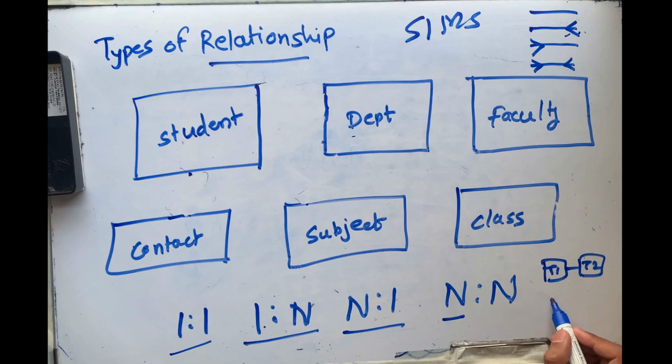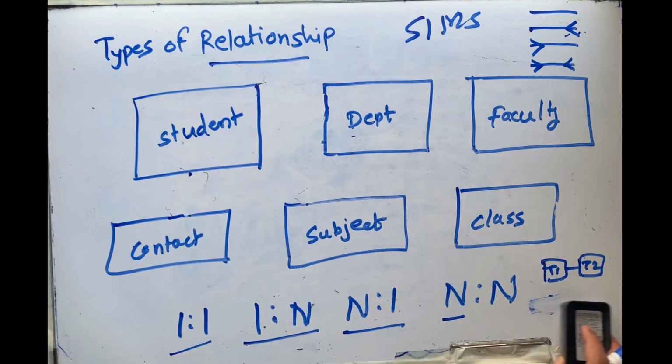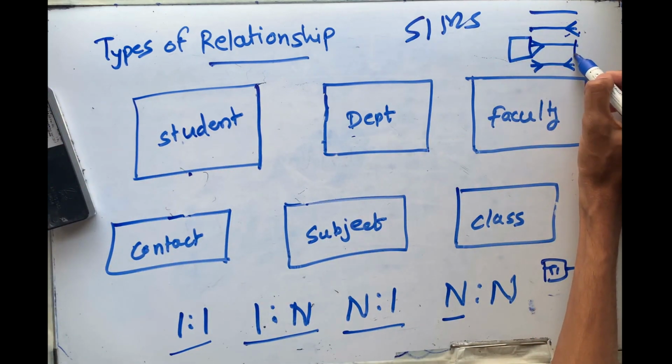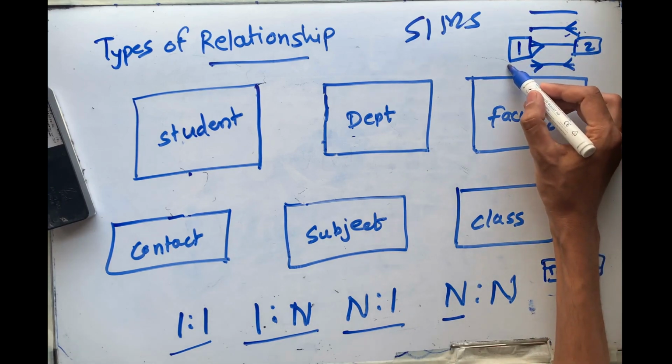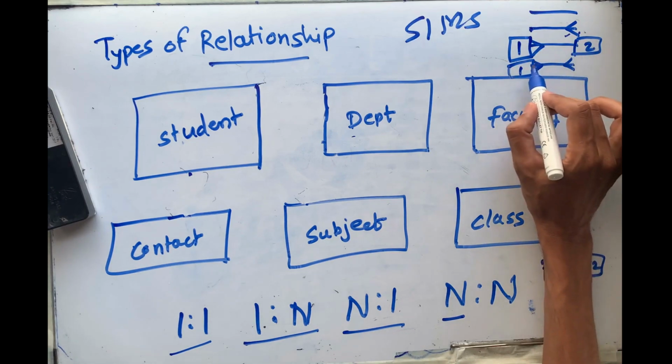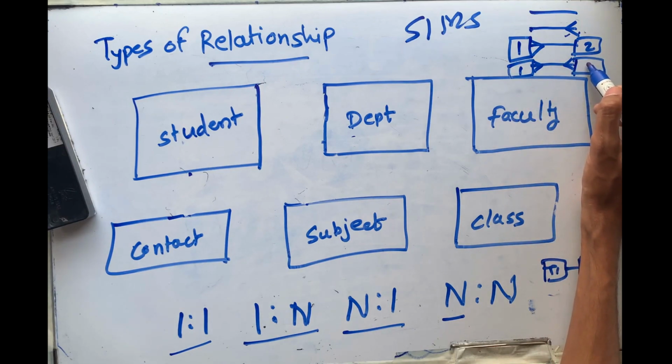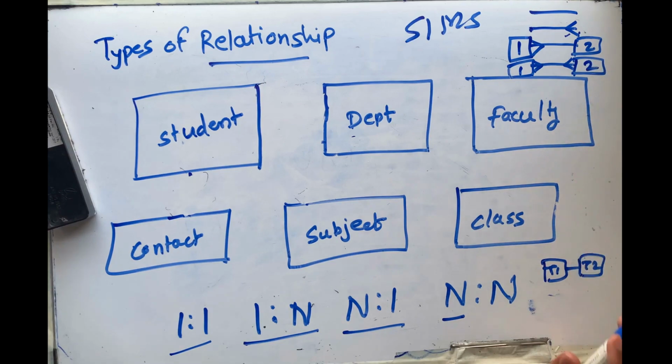Then many to one means many rows in the first table and only one row in the second table. And many to many means one or more rows of the first table are related to one or more rows of the second table. So that is nothing but the many to many relationship.